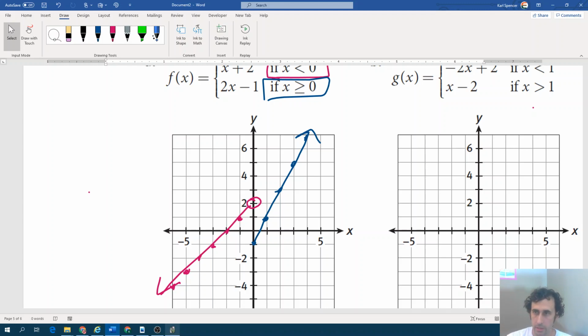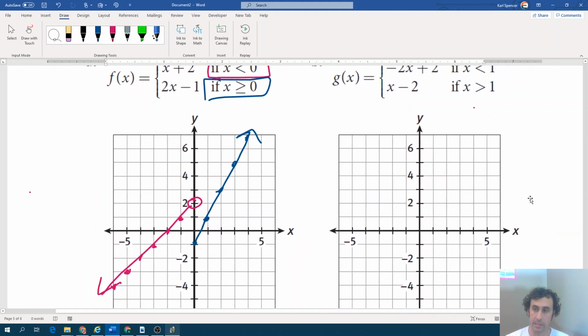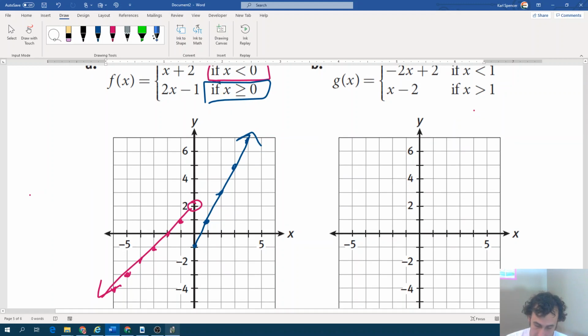Again, second graph gets the table of values. I just plot them, and when one equation ends, that's where the other one picks up. So table of values is a really easy way to do it. Table of values are a really nice way to graph overall.